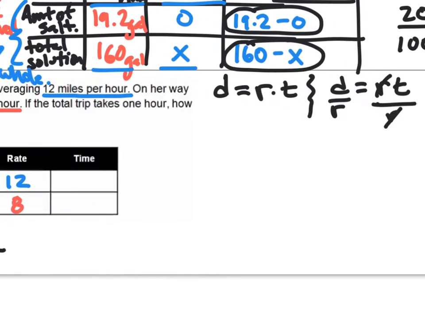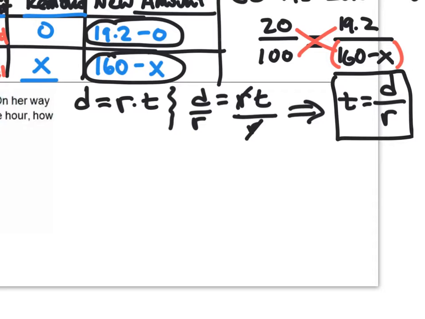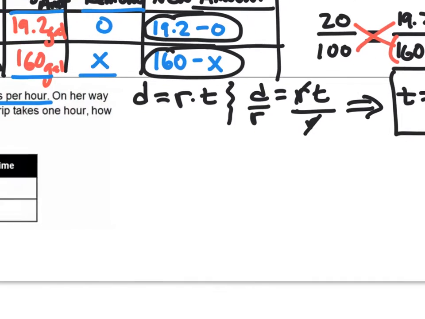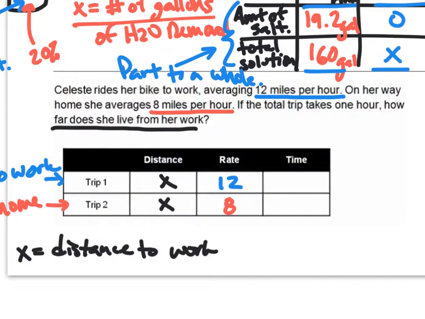However, we have this equation that tells us what time is. Time is the distance divided by the rate. So if I come back over here, I have a value for distance and a value for rate. So the time it takes is going to be x divided by 12.